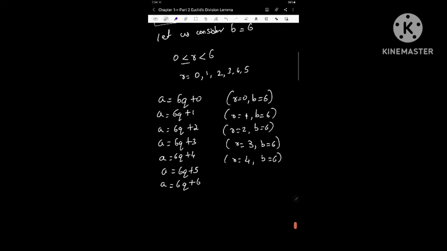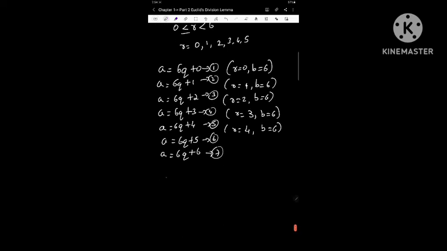Let us name these as equations 1, 2, 3, 4, 5, 6 and 7. In the first equation it is written as a equals 6q. Is this divisible by 2? 2 ones are 2, 2 threes are 6, and q can be anything, so we write q the same way.